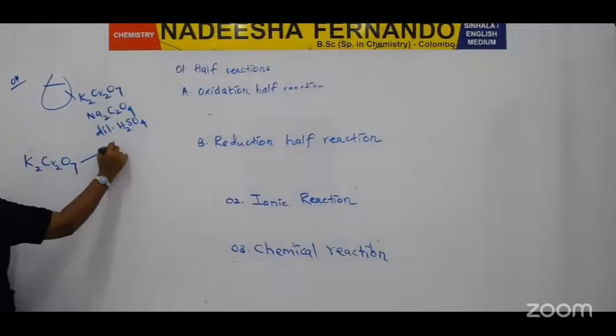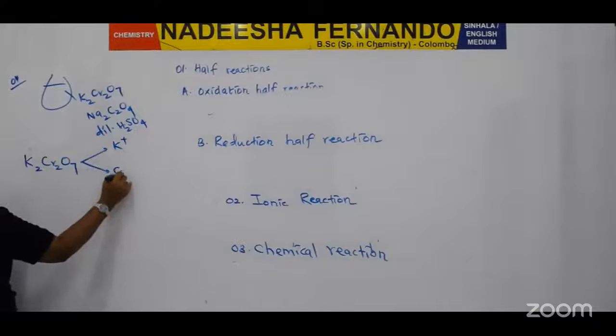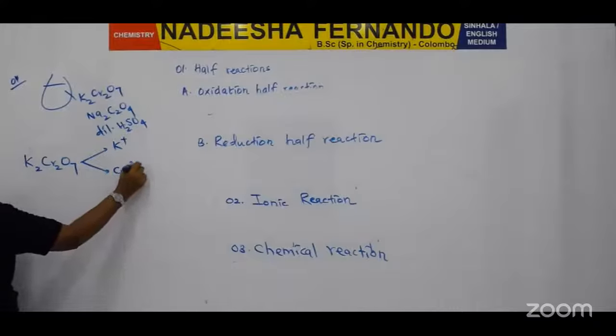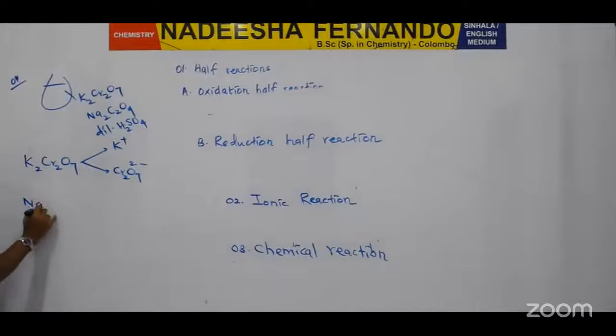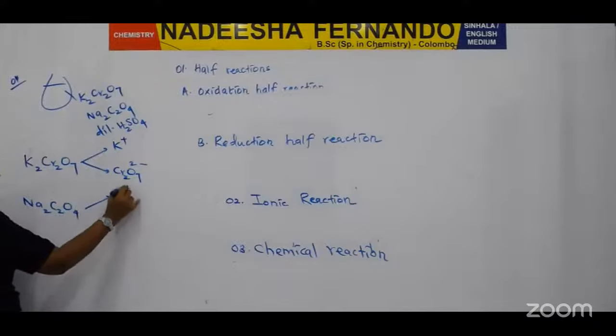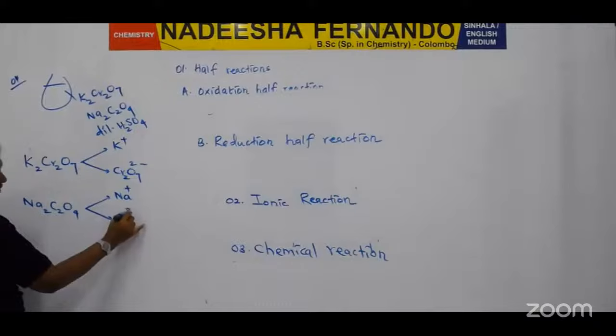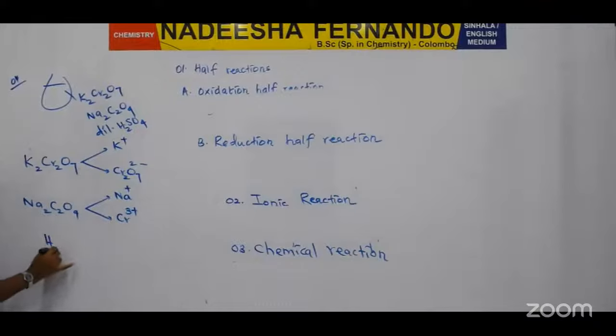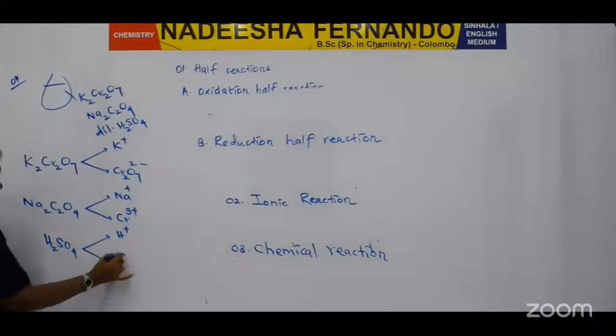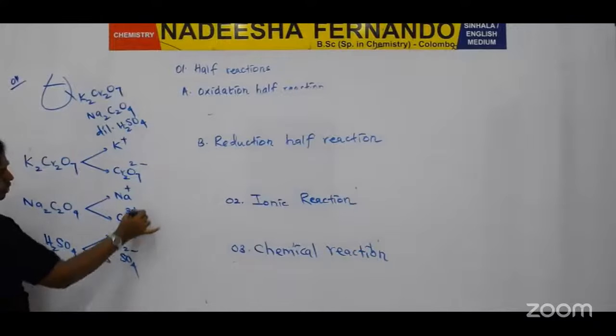Right, look. K2Cr2O7 goes to K plus and Cr2O7 2 minus. Na2C2O4 goes to Na plus and C2O4 2 minus. H2SO4 to H plus and SO4 2 minus.